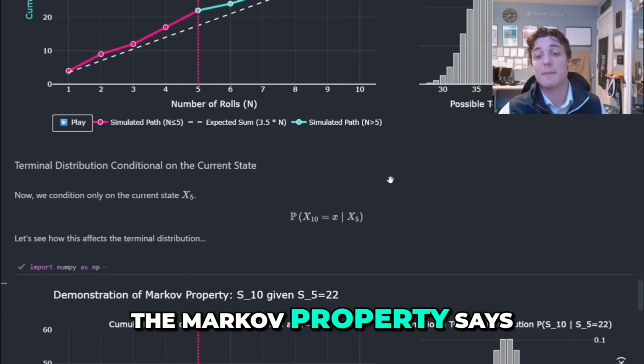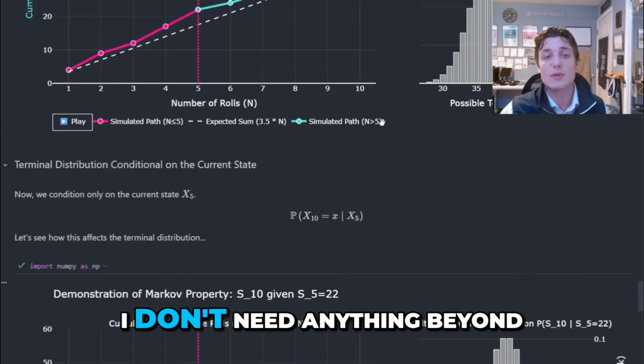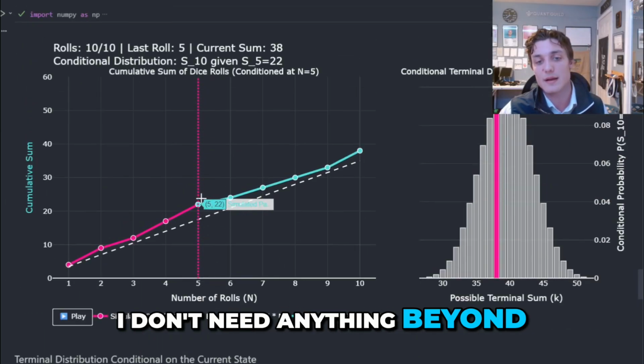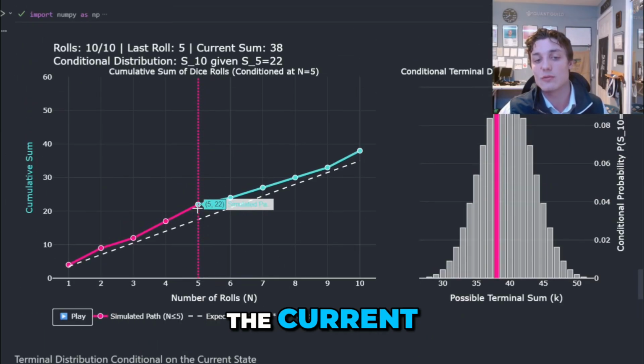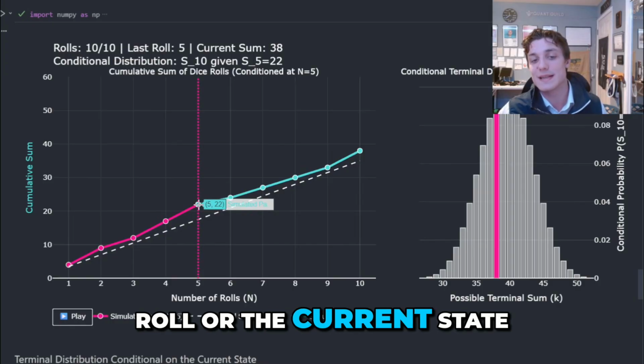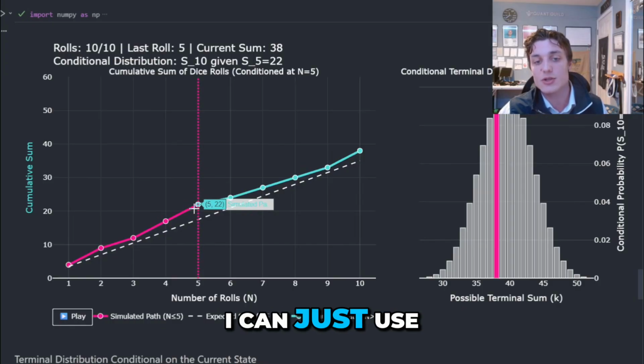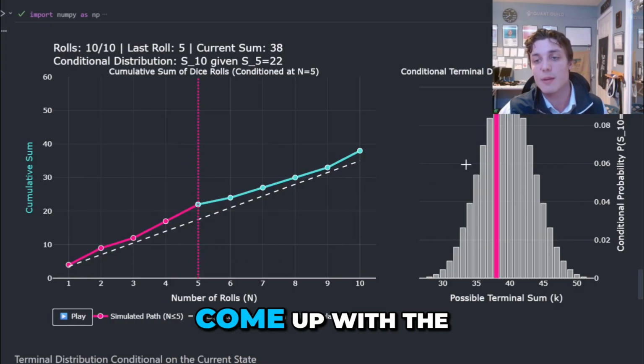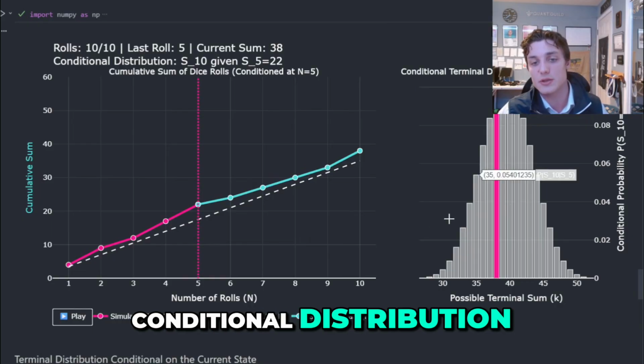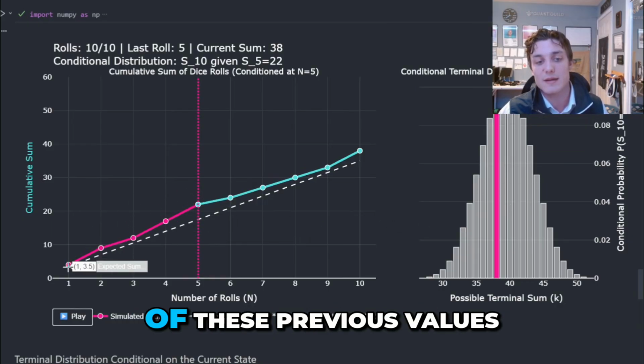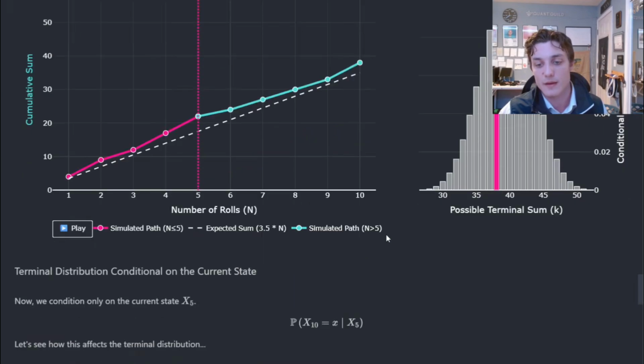The Markov property says I don't need anything beyond the current roll, or the current state. I can just use this current state to come up with the conditional distribution. I don't need any of these previous values.